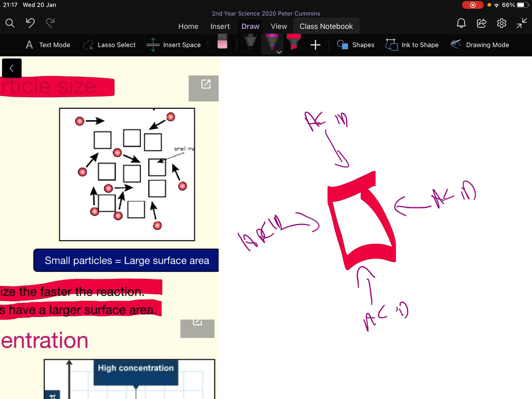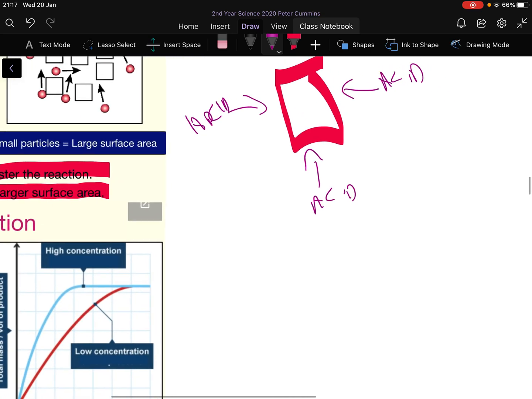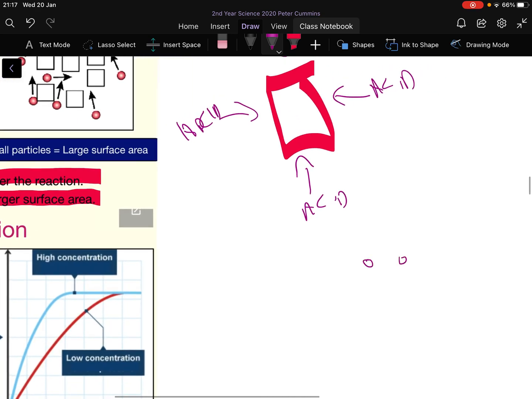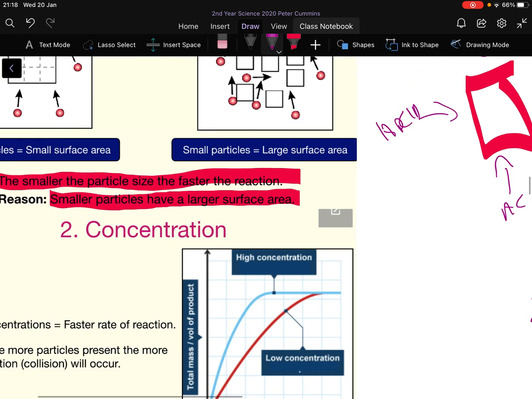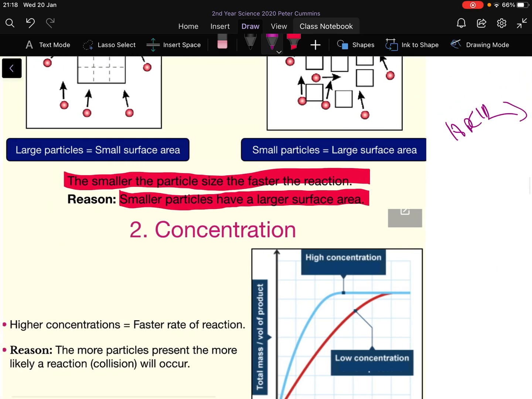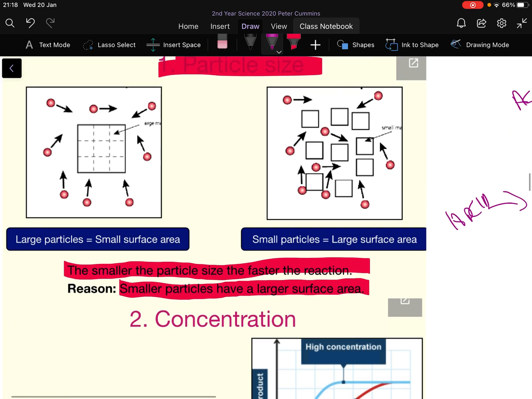Whereas if I gave you a load of tiny bits of marble, well then the acid has loads of ways to attack from all different sides and break down the marble chips and form a chemical reaction. So that's what it means there, surface area. There's more space for the acid to get in and attack your marble chips.